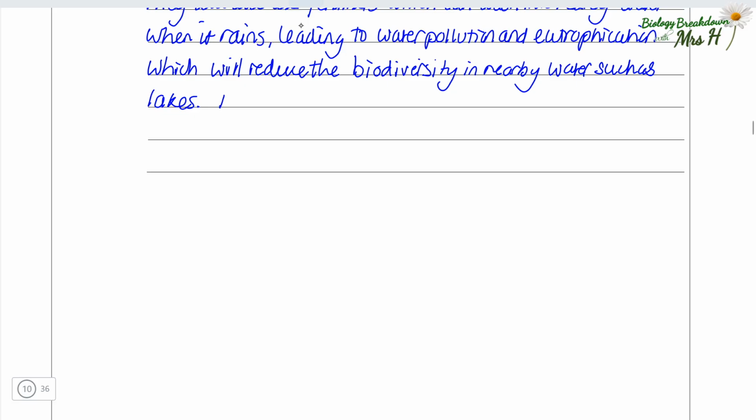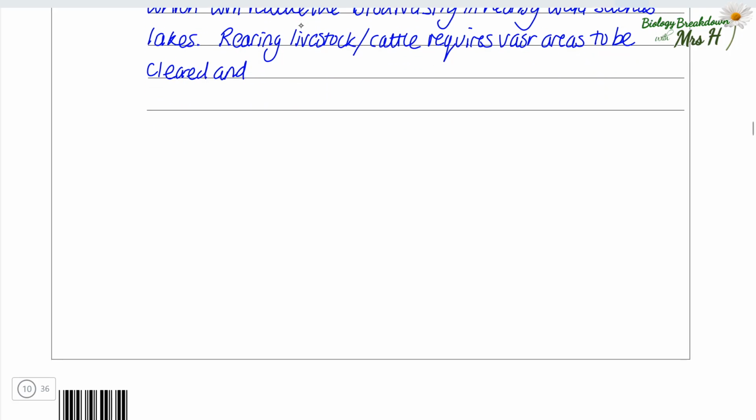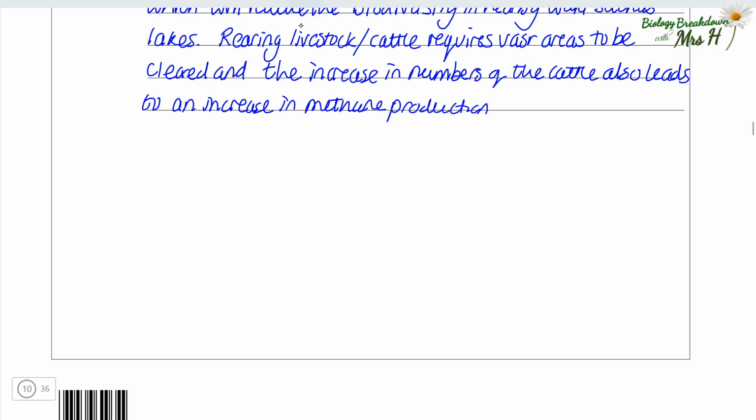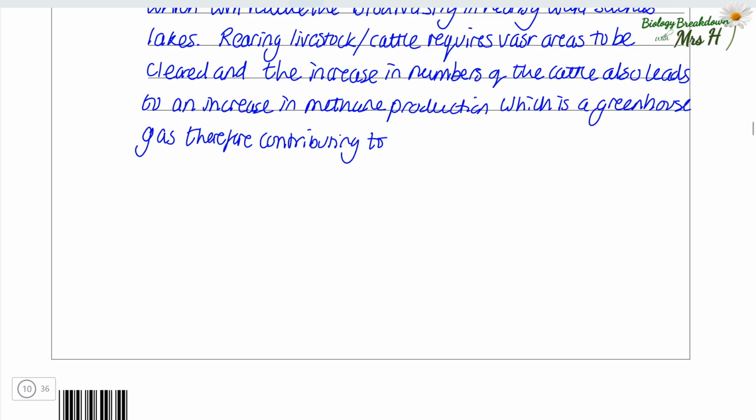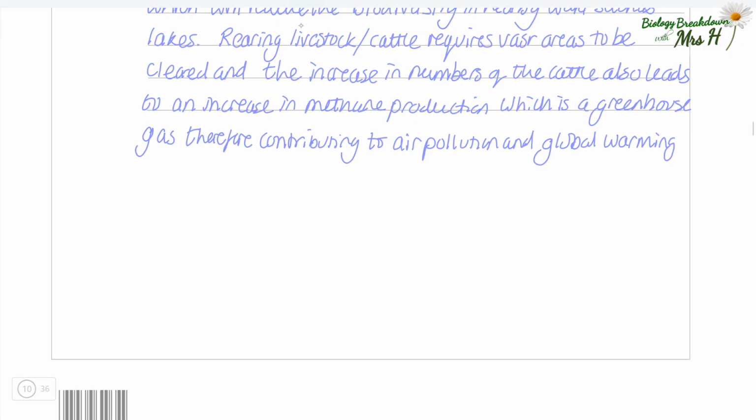Also, rearing livestock, cattle, requires vast areas to be cleared, and the increase in numbers of the cattle also leads to an increase in methane production, which is a greenhouse gas, so it's going to contribute to air pollution and the greenhouse gases, therefore global warming.